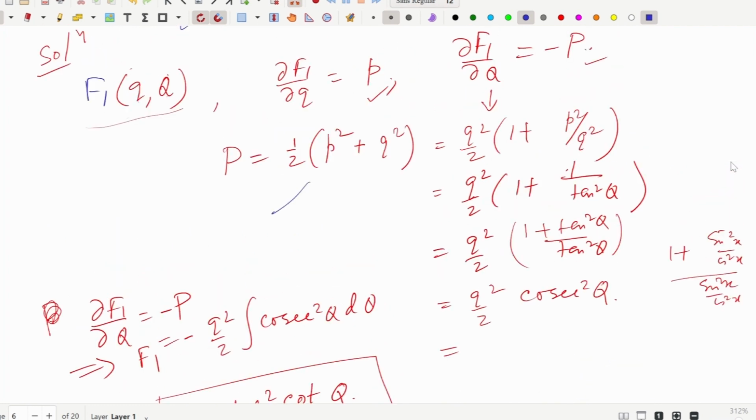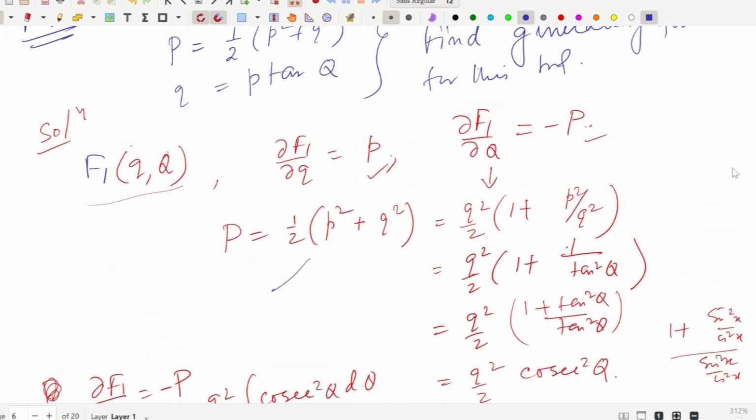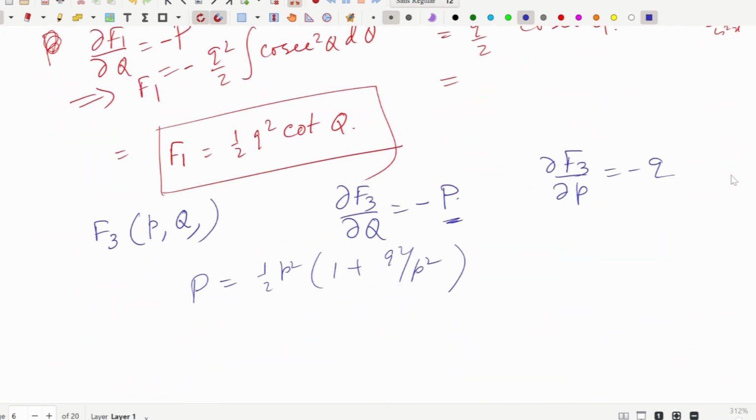and now q square by p square, if I substitute q by p is tan Q, this will be half p square times 1 plus tan square Q. Okay. So, 1 plus tan square is sec square. So, half p square sec square Q. Okay.